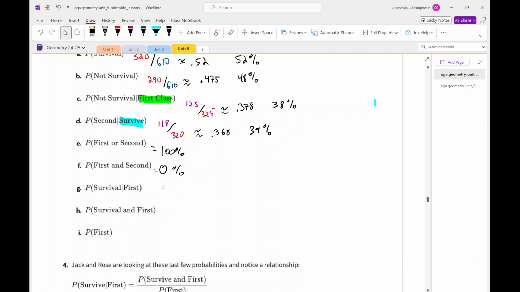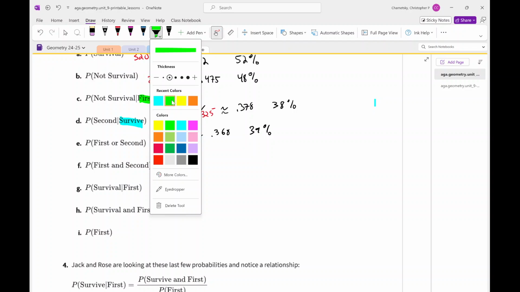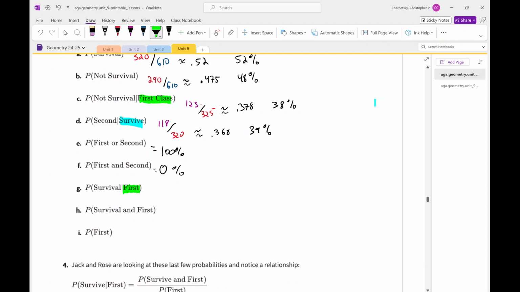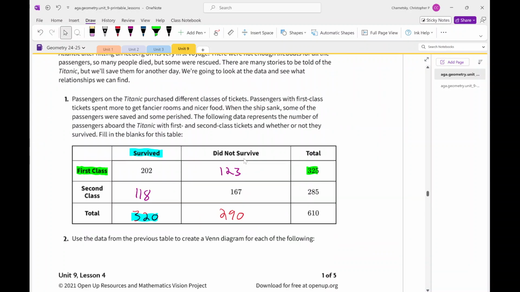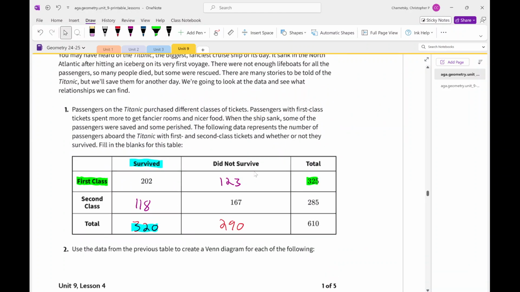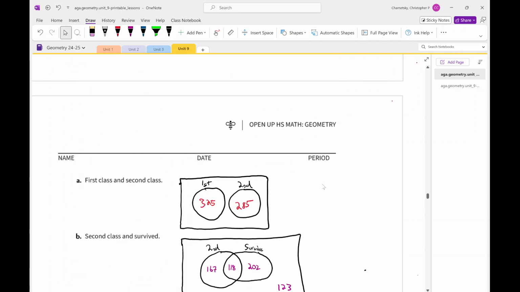All right. For G, probability, you're in first class again. We're limiting ourselves to the first class. And how many survived? We can do this two ways. We can look up at our two-way table. So first, and we can see that's 202 out of 325.